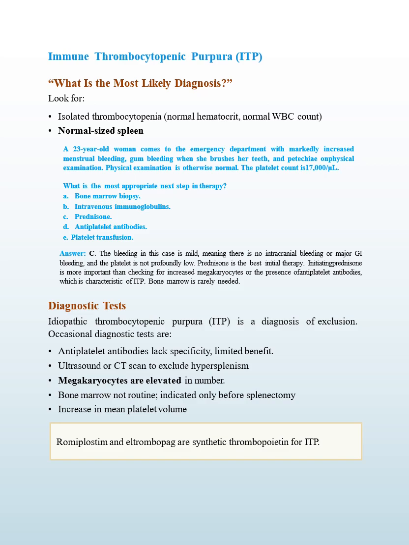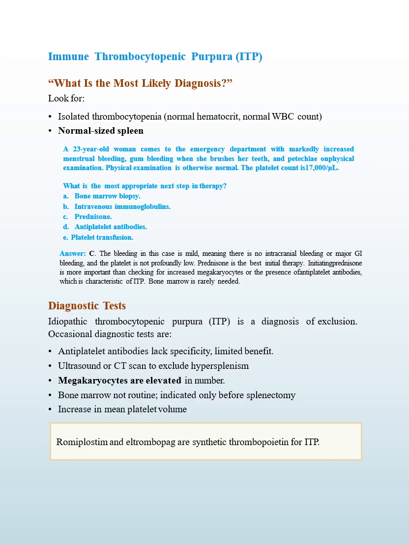If we initiate prednisone, the most important thing is that we need to be checking for increased megakaryocytes or presence of antiplatelet antibodies, which is typical for ITP. Bone marrow is rarely needed. So let's talk about diagnosis of ITP. ITP is a diagnosis of exclusion. Number 1, antiplatelet antibodies lack specificity and have a limited benefit.